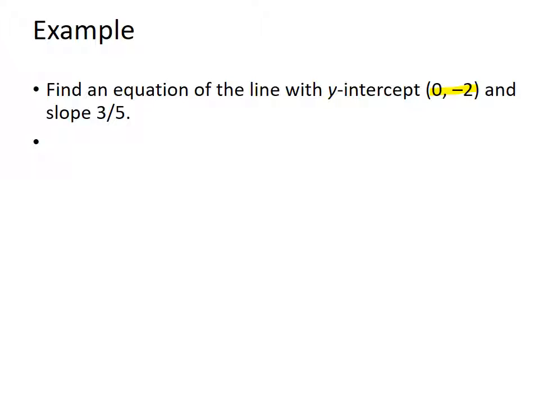I'm sorry, and our slope is 3/5. So we're going to label them as m and b. Okay. So we have our m, we have our b, we plug them in, and guess what? You're done. You just wrote your equation.